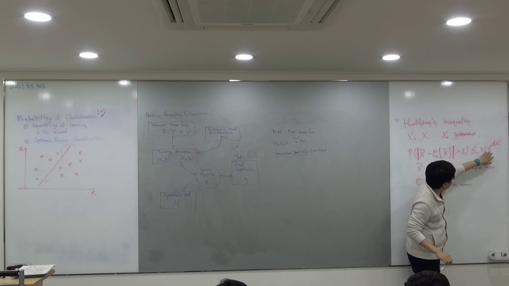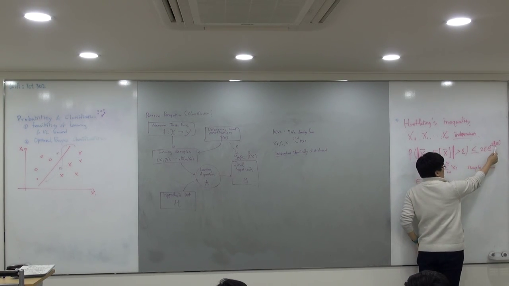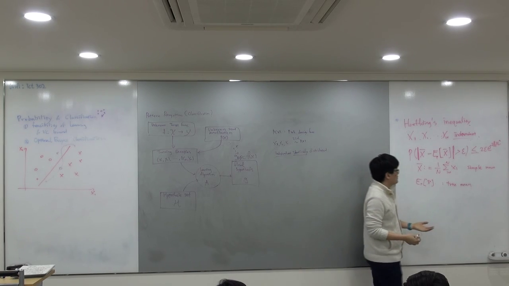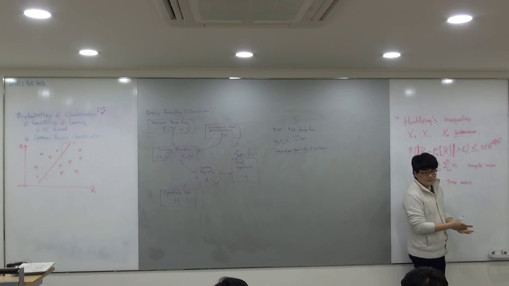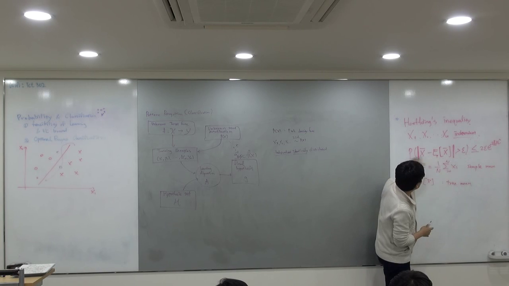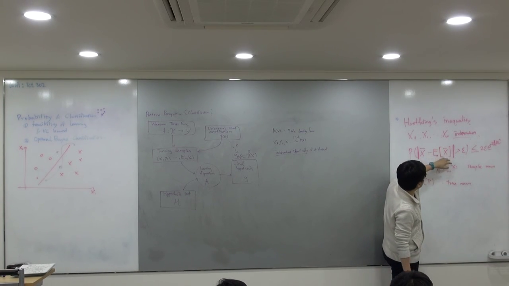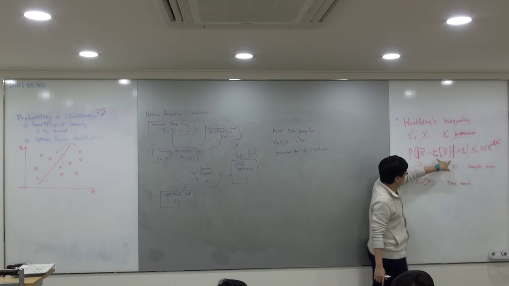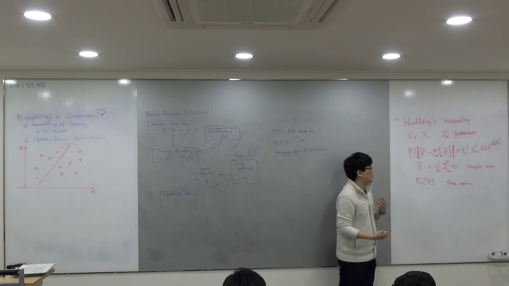And if you look at this term in more detail, if you have a larger number of training examples n, this term goes smaller and then this probability gets much smaller. So the probability of getting an error bigger than epsilon gets exponentially smaller if you have a large number of data.